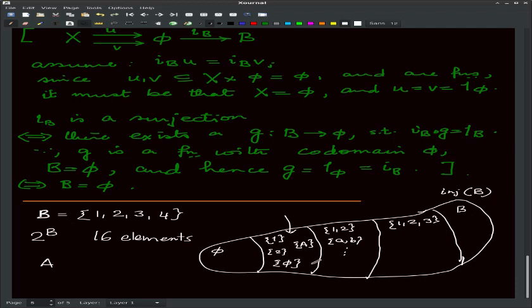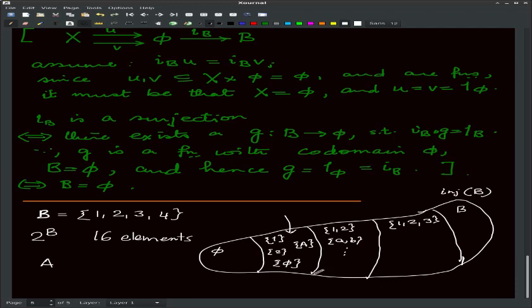So it is kind of packaging several singletons, all of which come to be equivalent as an injection into B. Okay? Alright?